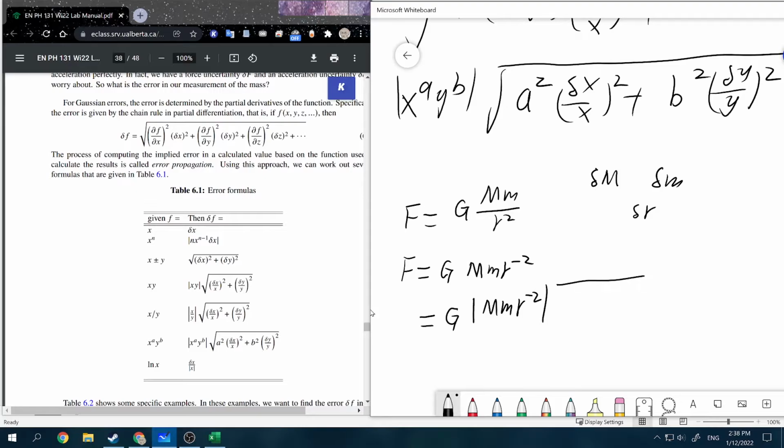The square root of a is the power, so the power of m is 1, so that's area of big M divided by big M, squared, a in this case is 1, plus small m, area of small m, power squared, plus, and then this is r to the power 2.